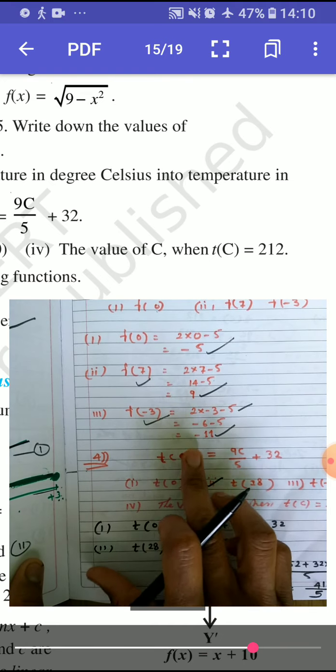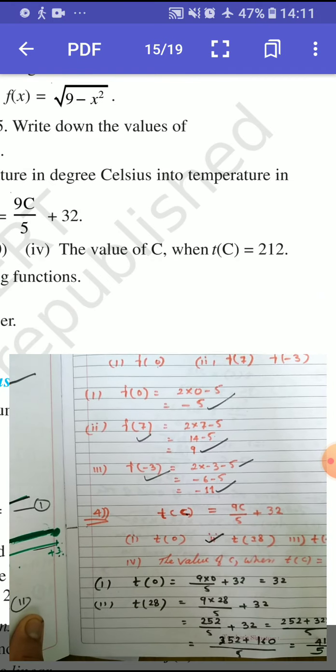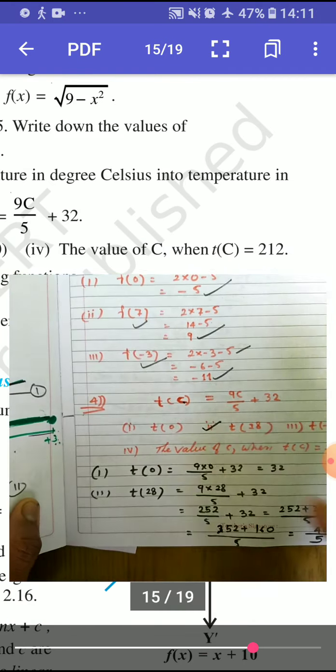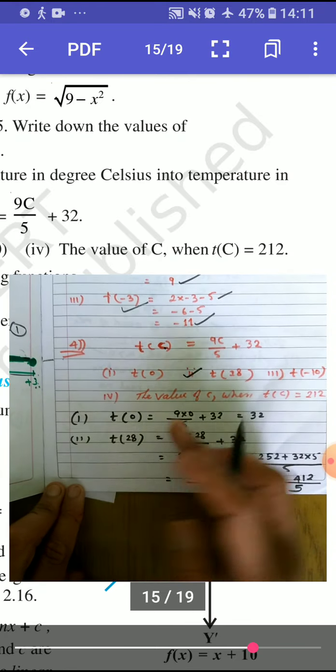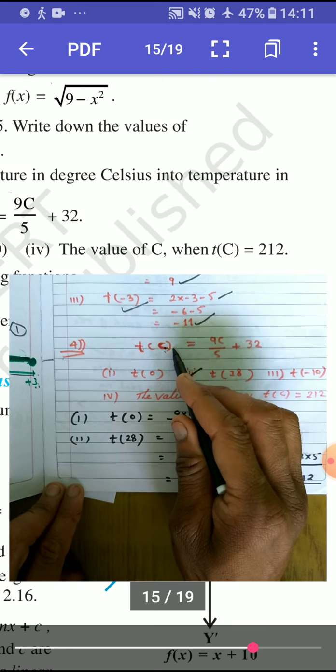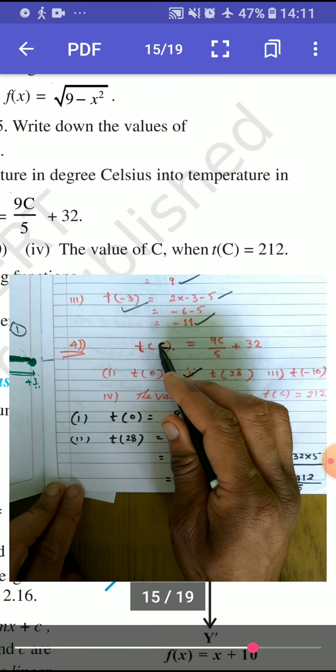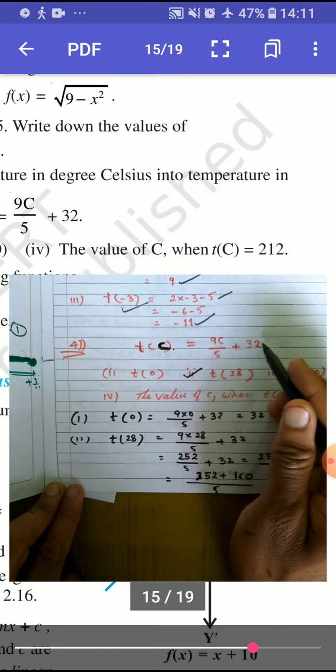This formula we have already discussed in our previous class. T(C), the temperature function at Celsius C, is 9C upon 5 plus 32.